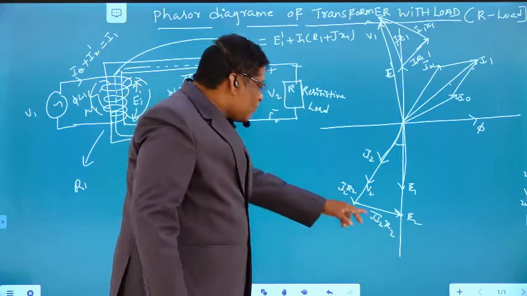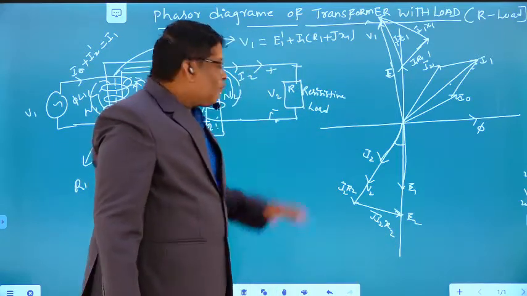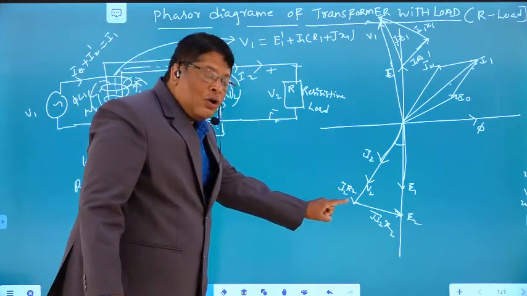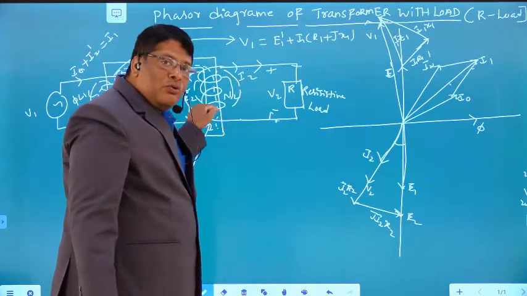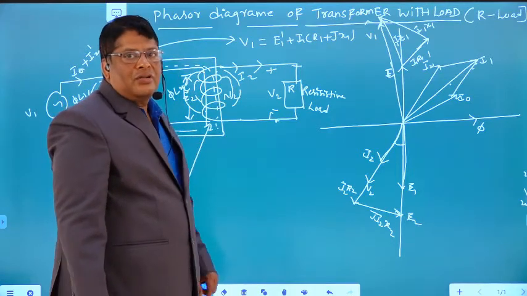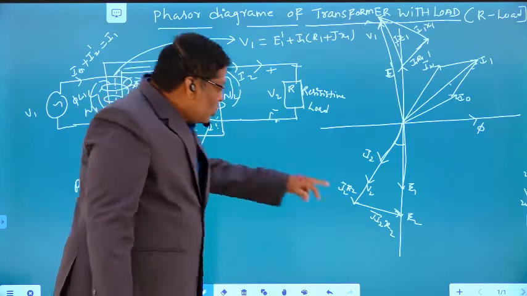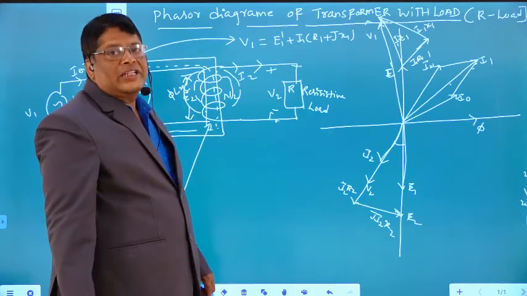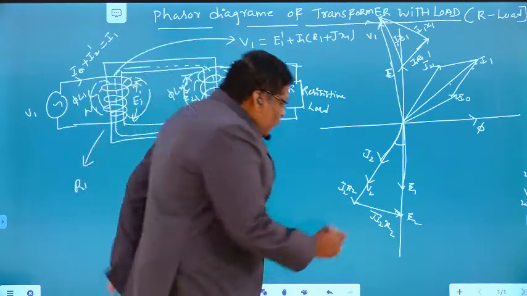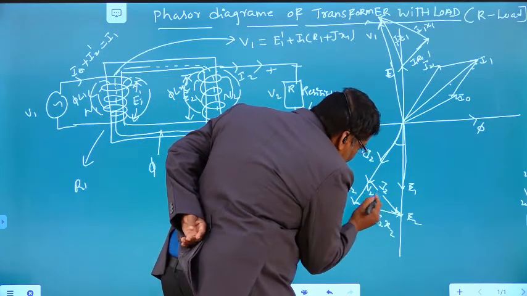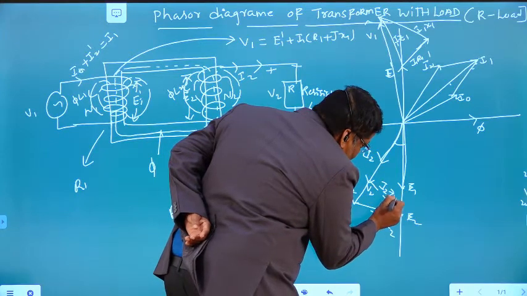So what does J I2 X2 mean? It is the voltage drop in E2 due to the leakage flux, that we represent as J I2 X2. If you find the phasor sum of these two, this is I2 Z2.